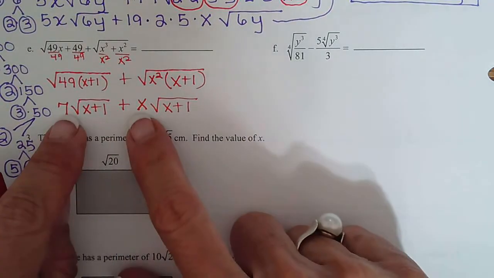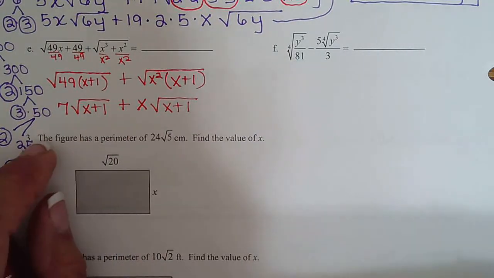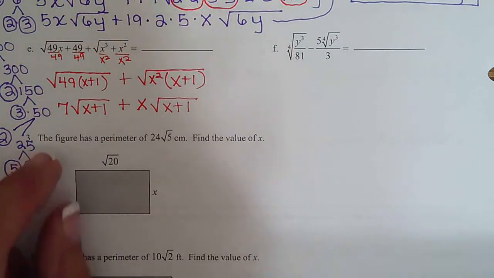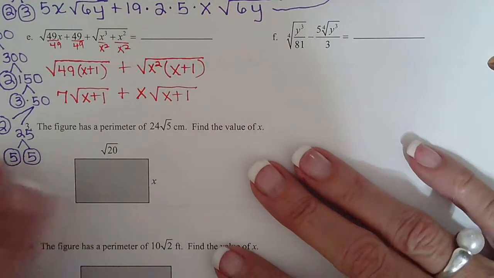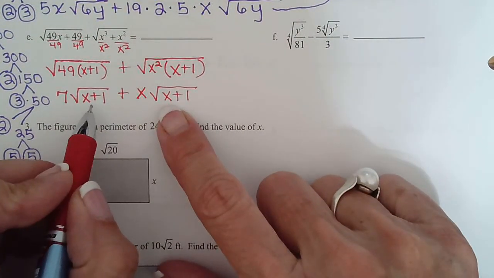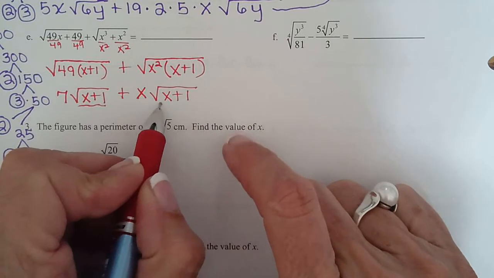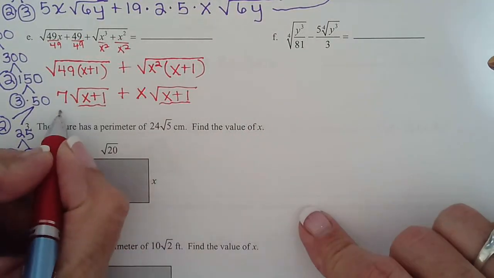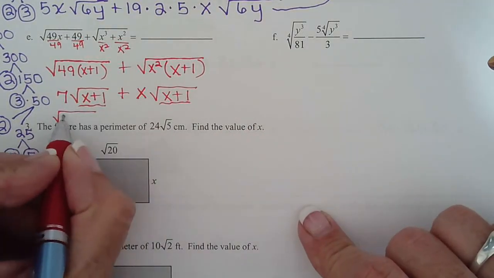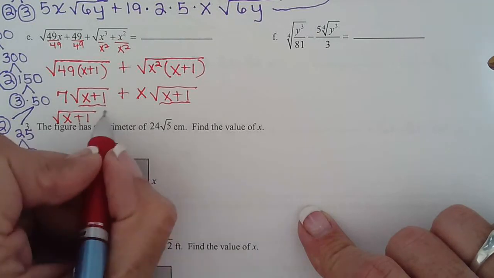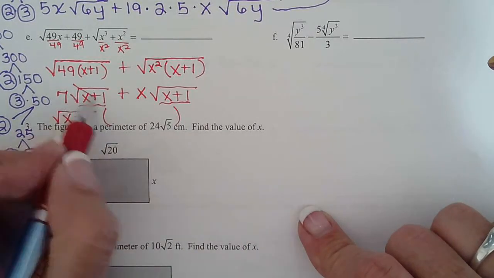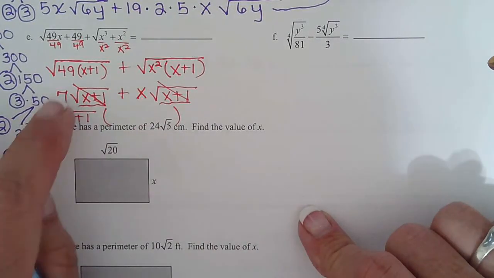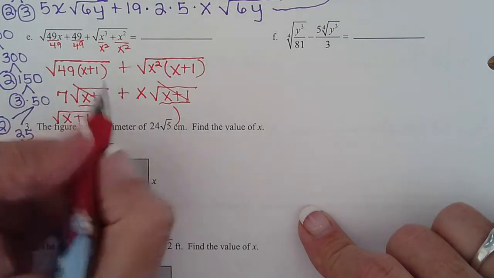So these are not like terms, so I can't combine them. But what Alex does is they take this out as a GCF. They go, oh, that's a GCF right there. So let's pull it out in front. And then what would be left once you take it out? Well, once I take that out, I have 7 plus x.